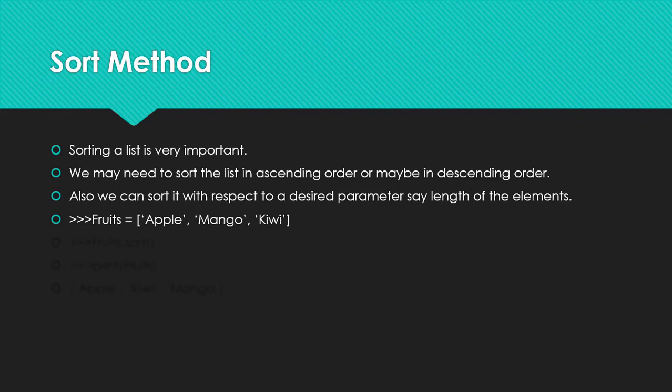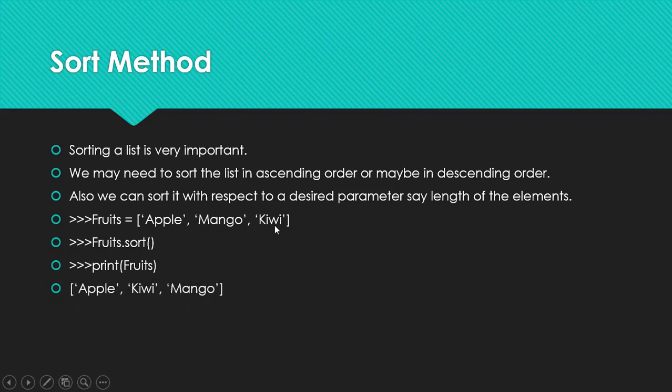Let's take a list named fruits, which is equal to apple, mango, kiwi. That means there are three items in the list. At 0th index, we have apple. At the first index, we have mango. And at the second index, we have kiwi. Then fruits.sort, simply the name of the list dot sort. Then we are going to print it. Then the list would be sorted in ascending order.